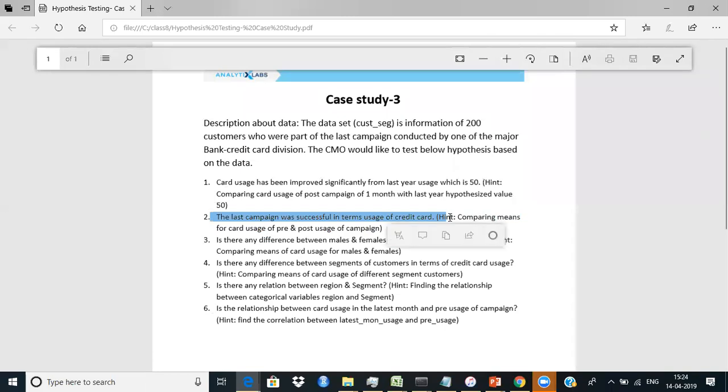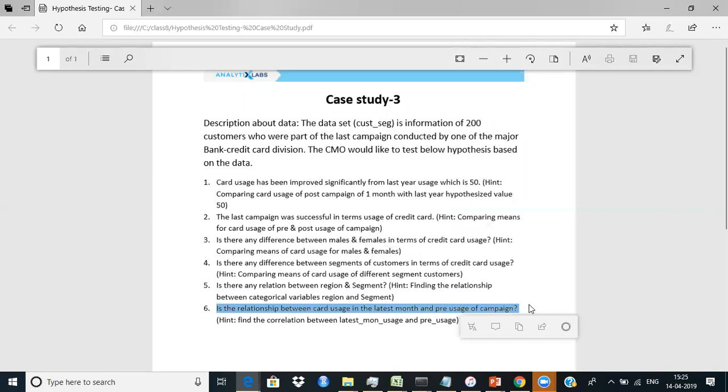You have to test whether the campaign was successful or not. We have already done that test here. I am not saying that this question does not talk about whether the campaign is successful or not. That has nothing to do with the success of the campaign.